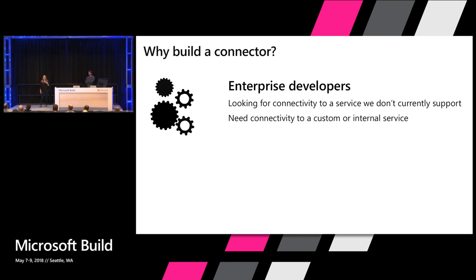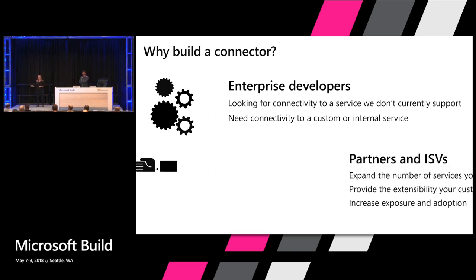That's the first case where people come to it. Or even if the source is there, it might not have all of the features that you need. The second reason is if you're looking for connectivity to a custom or an internal service, something that's never going to be a public connector because it's something you've built or your organization uses internally. And again, Sine is going to show a great demo of that as well.